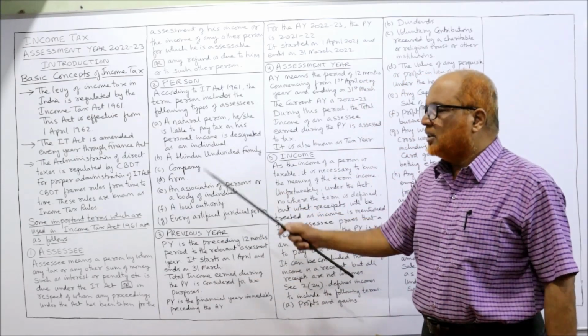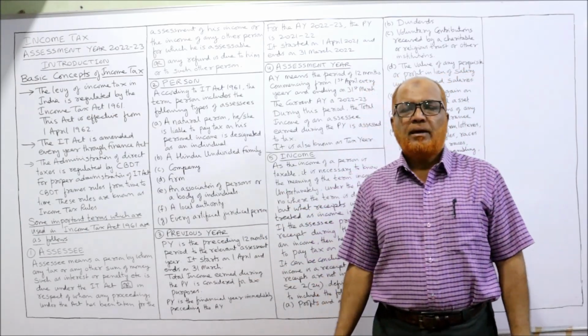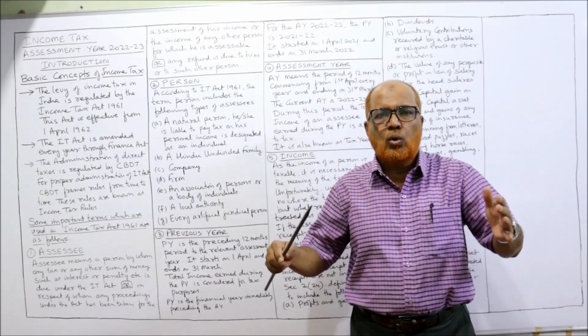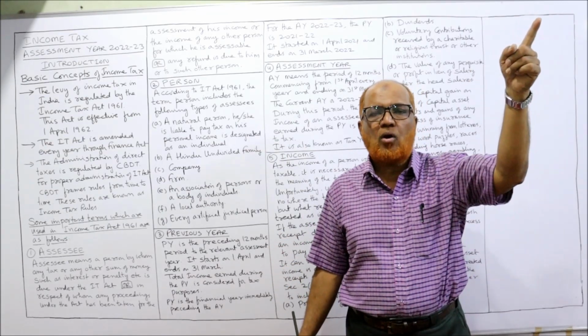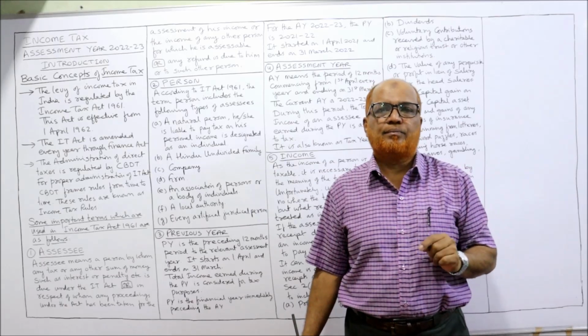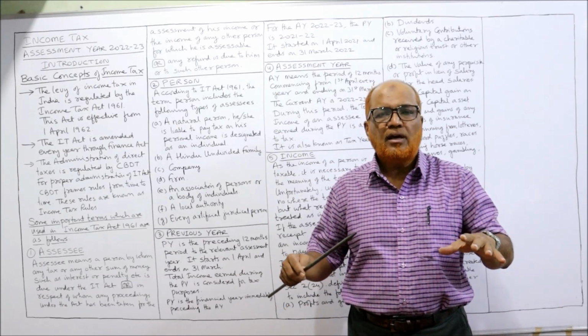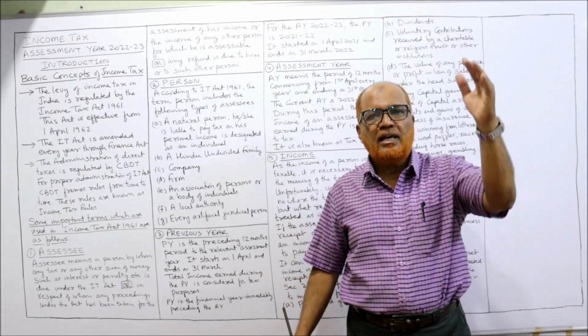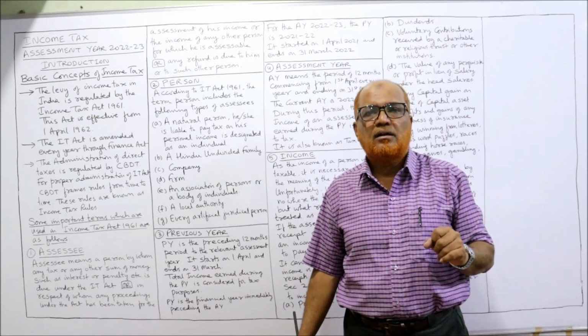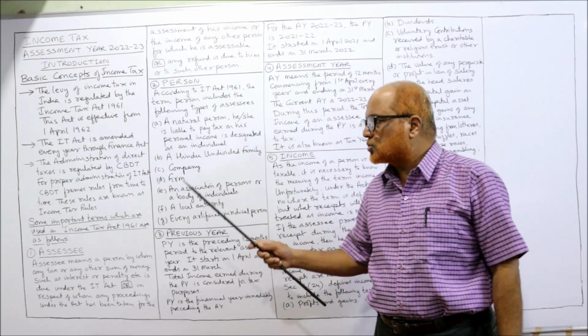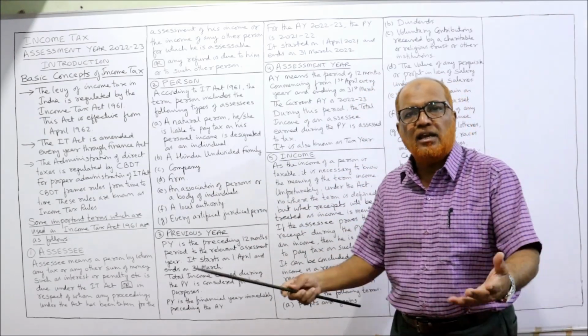Second person is the Hindu undivided family. A Hindu undivided family is a group of persons lineally descendant from a common ancestor. So in the Hindu community, a group of persons lineally descendant from a common ancestor is called a Hindu undivided family. They are running a business.